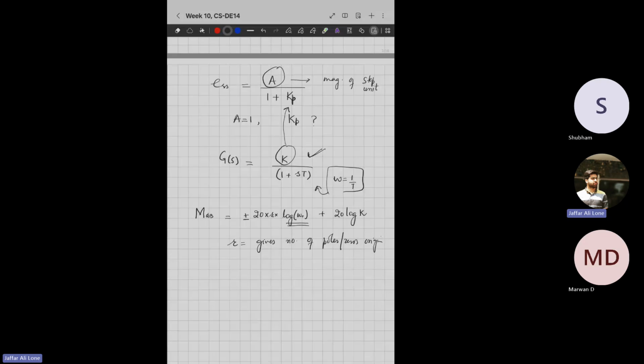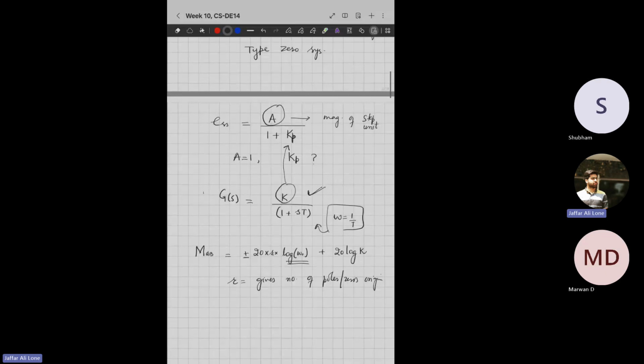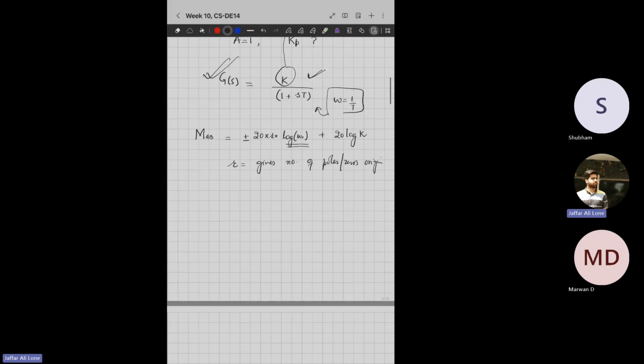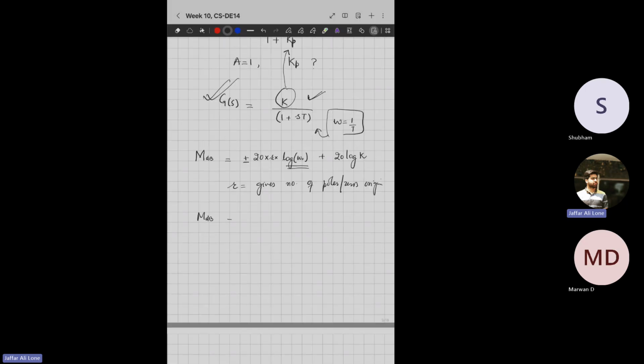So clearly we can see there is no pole or zero at the origin, it means my R is 0. So my magnitude in decibels will be equal to 20 log of K.